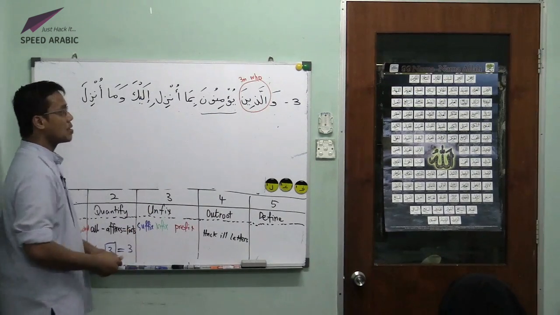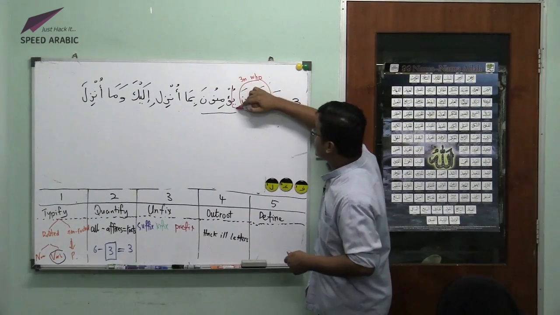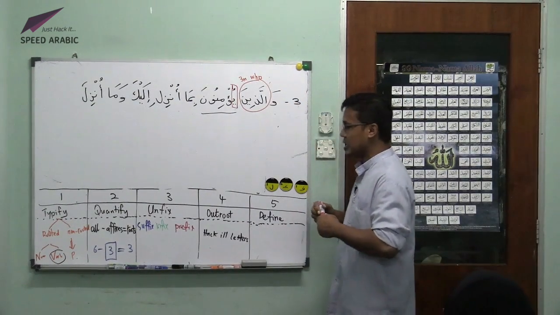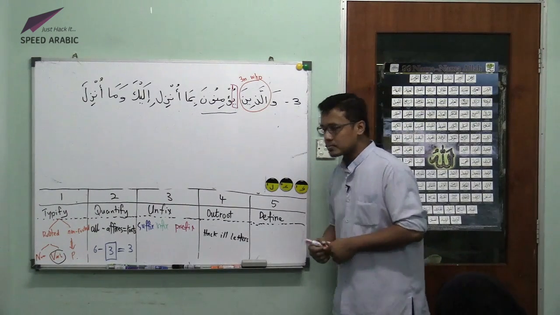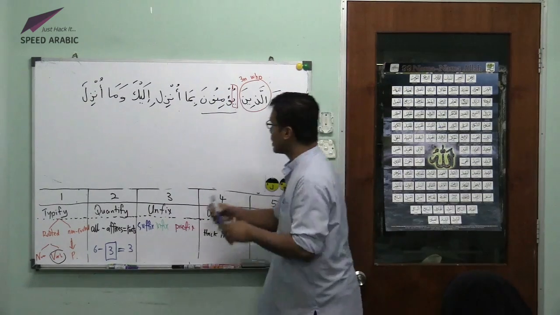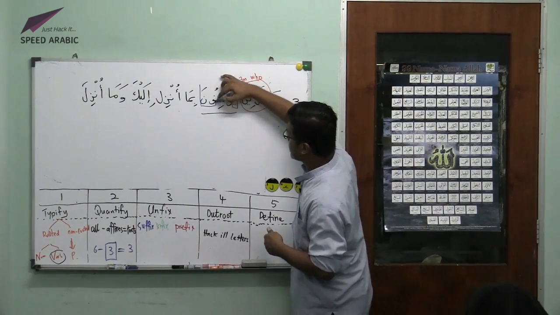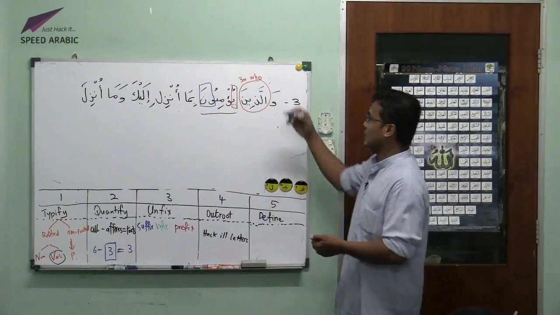Ya, waw, nun, which we just went through just now. So this is ya. You just highlight the ya red, and then waw nun is blue, and you write the meaning. What's the meaning of ya and waw nun?